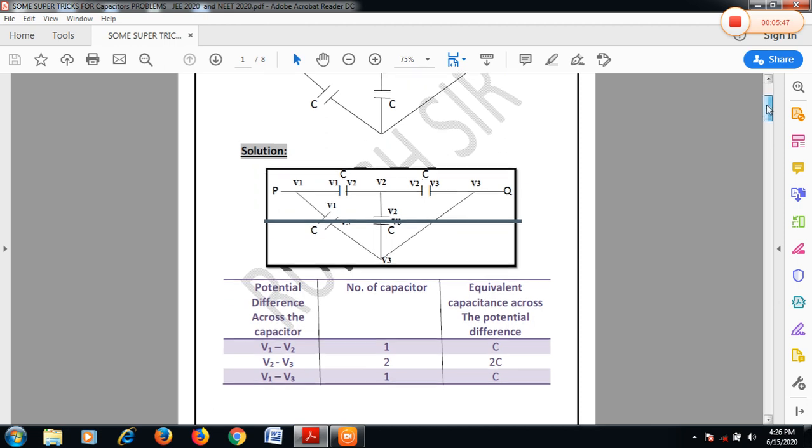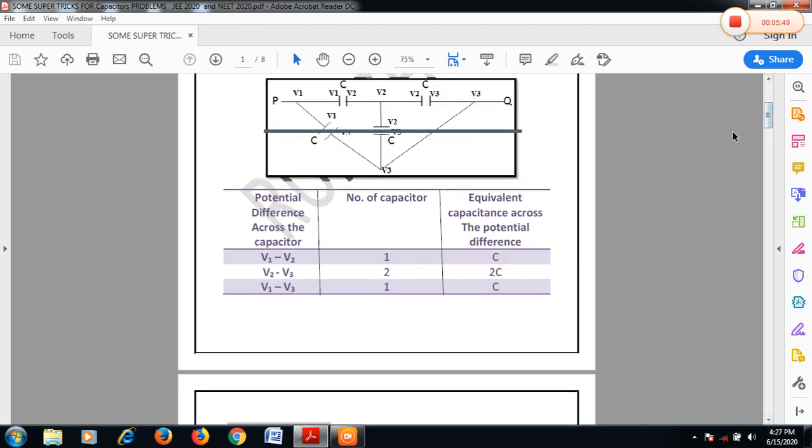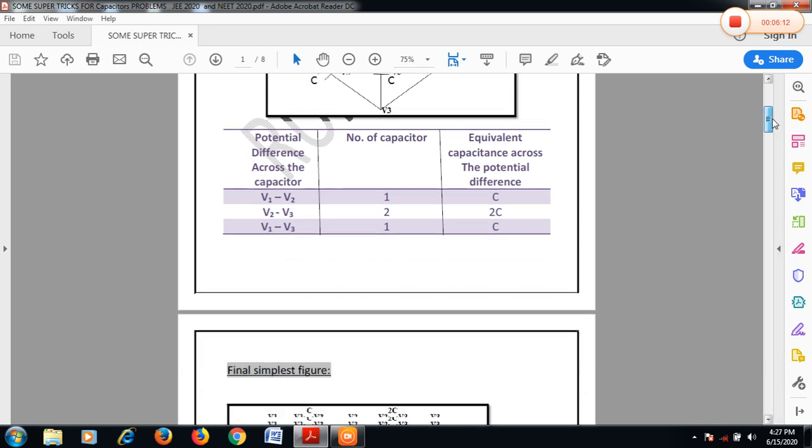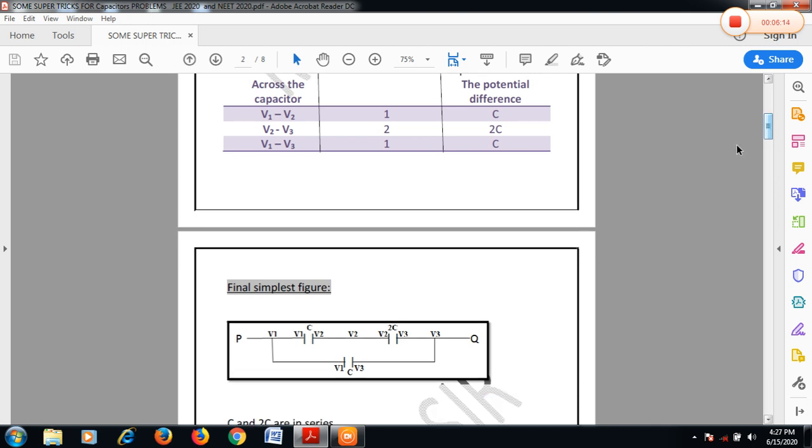According to the given approach, what we have done is combine all the capacitors that have the same potentials across them, and thereby combine them in the simplest fashion possible. So let us map them into the final simplest figure.